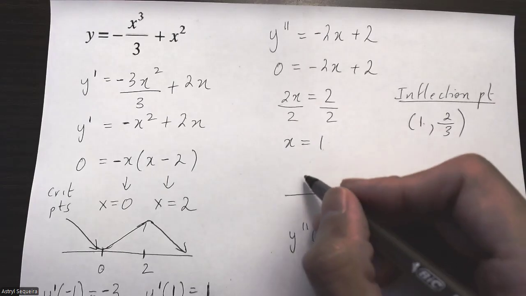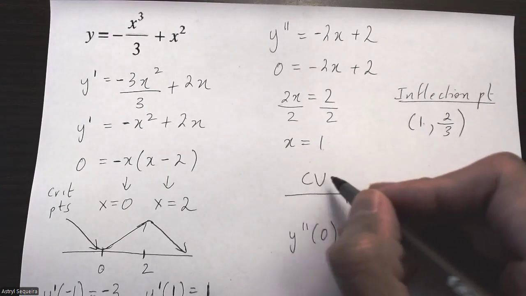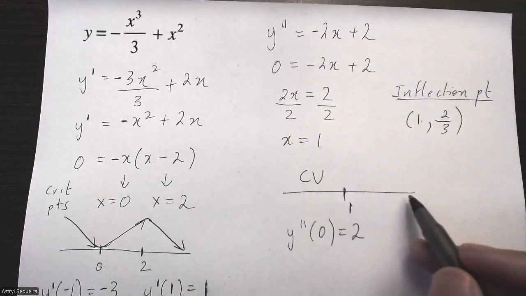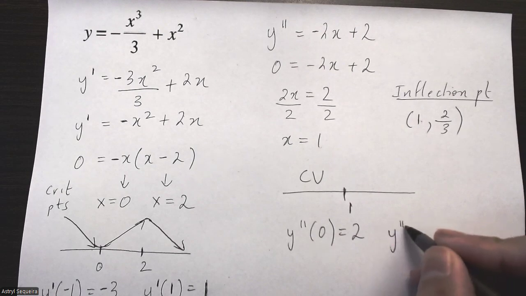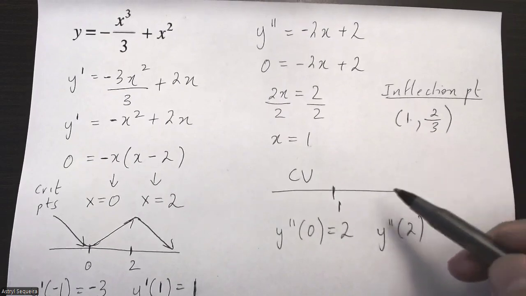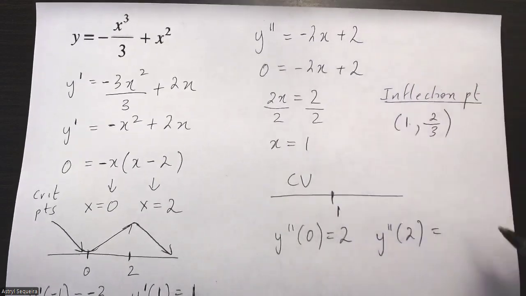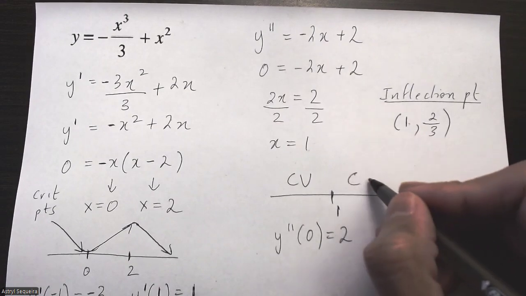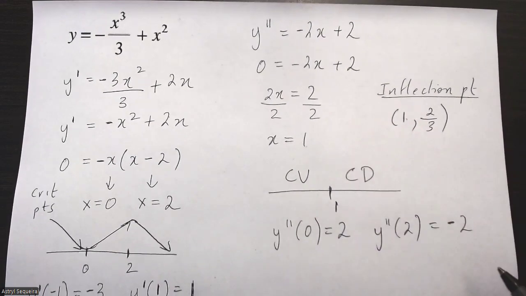If you get a positive value, it means the interval is concave up. Then I'll pick a value from here, so I'll pick positive 2. I'll do y double prime of positive 2. And if I sub in positive 2 into this equation, I'll get negative 2. Negative value means I'm concave down.